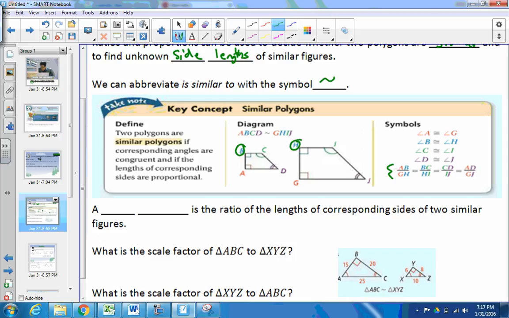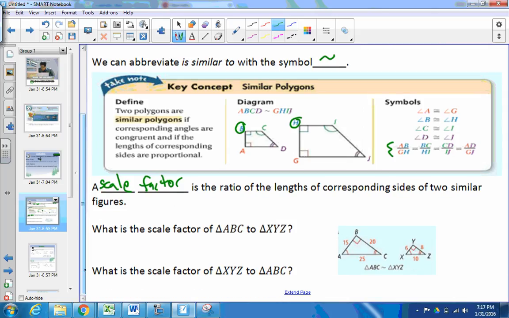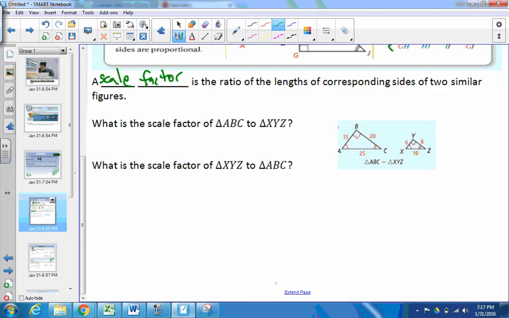All right, so scale factor, that's what we just talked about. A scale factor, bringing it back again, is the ratio of the lengths of corresponding sides of two similar figures. So if we look at this, it says what is the scale factor of triangle ABC to triangle XYZ? So we're going to do the second one over the first one.